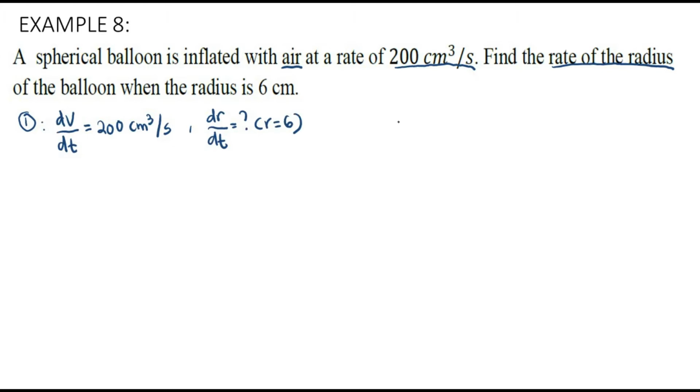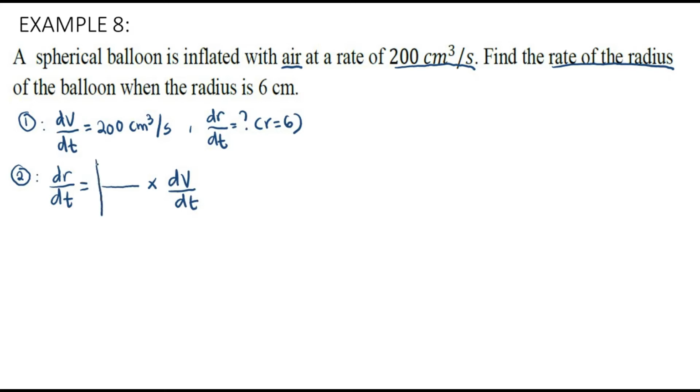Based on these two pieces of information, we can now proceed to our second step, where we construct our chain rule. This is basically just a tip. For the first term, we put what we have to find, which here is dr over dt. Then leave a space. At the back, as the last term, you put the rate given in the question, in this case dV over dt.